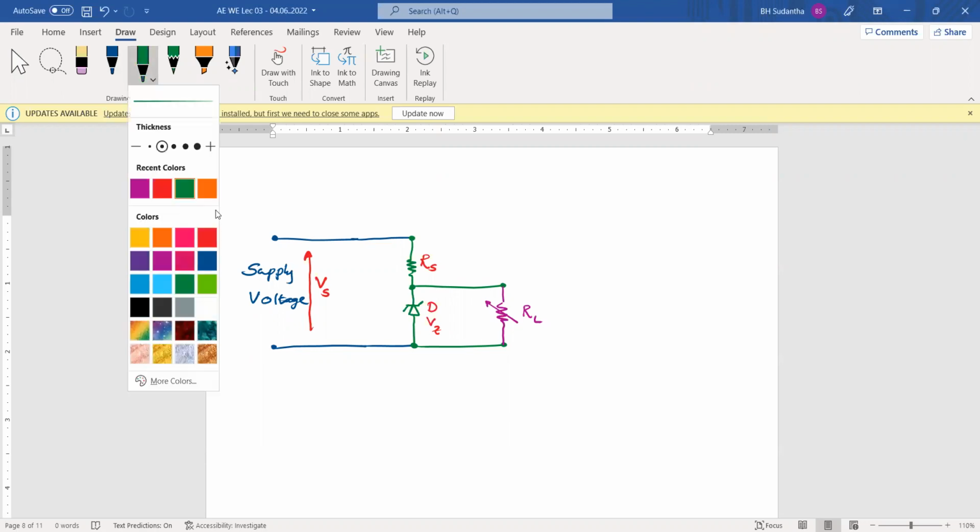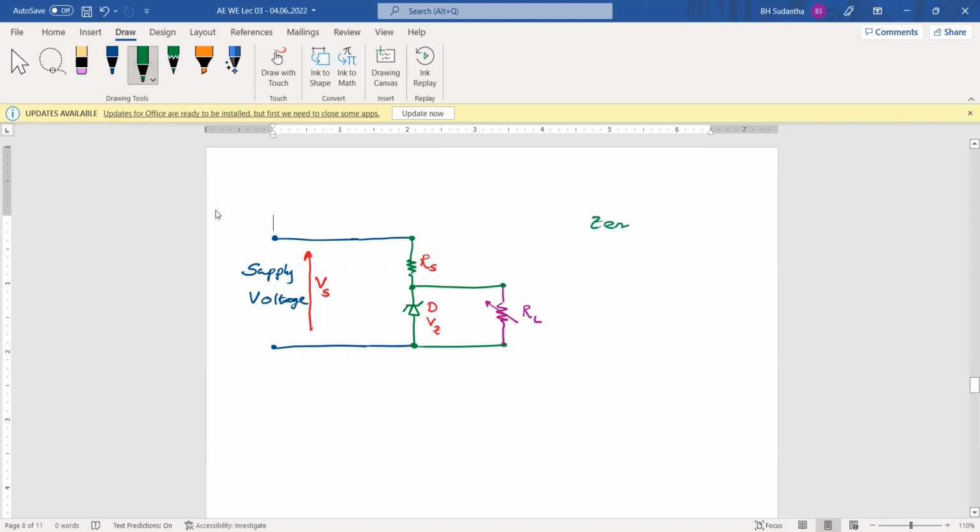Okay, we can take this, our Zener diode. Then VZ is 5 volts and its power rating is 1 watt.